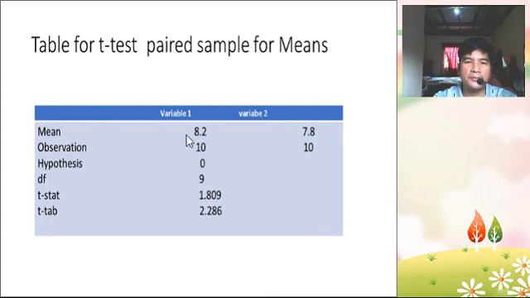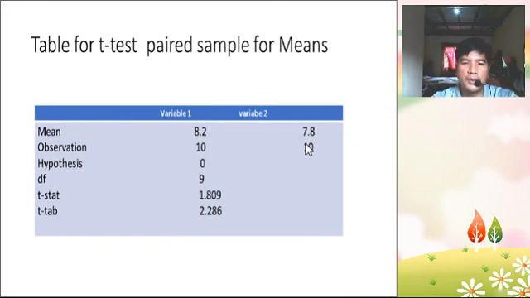The means are 8.2 and 7.8. Okay, you just copy it from the computation. The observations are 10 participants. They are equal because they came from the same participants.